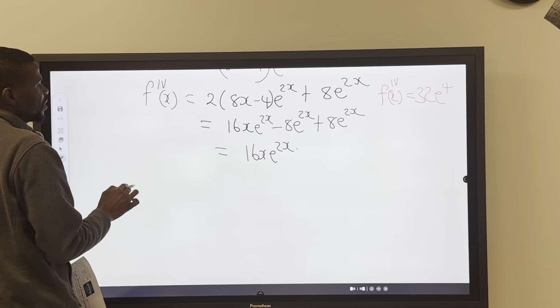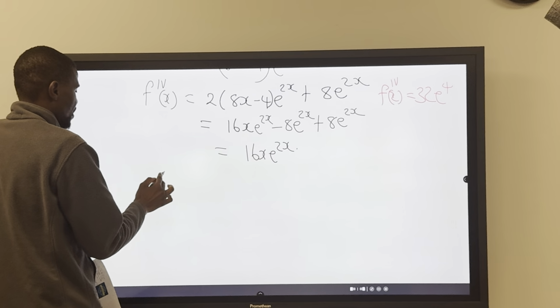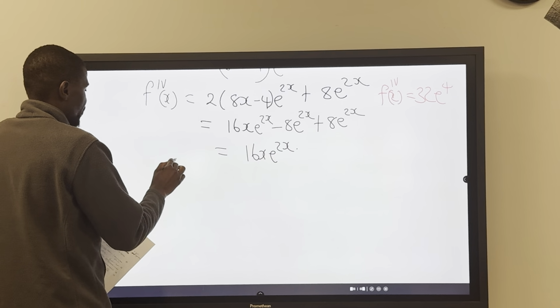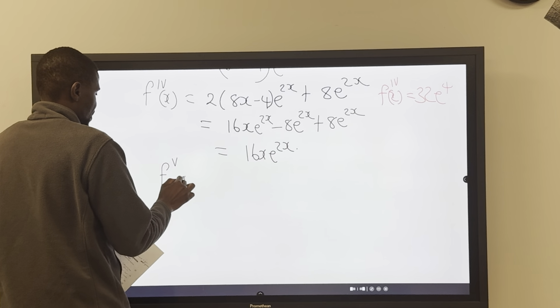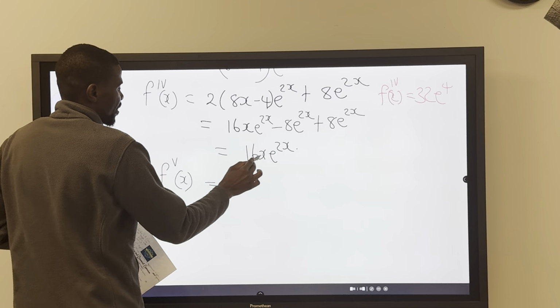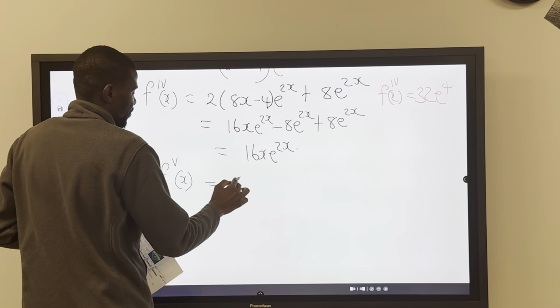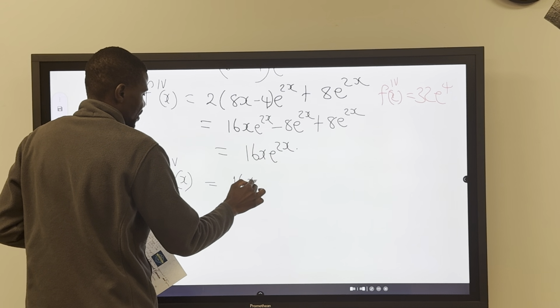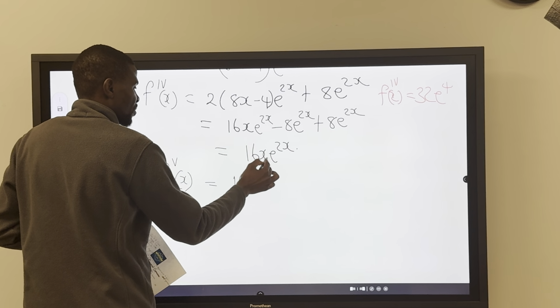Lastly, since we need the first 5, let me end here. So the fifth derivative is going to be v, 16x, so that's u, that's v.